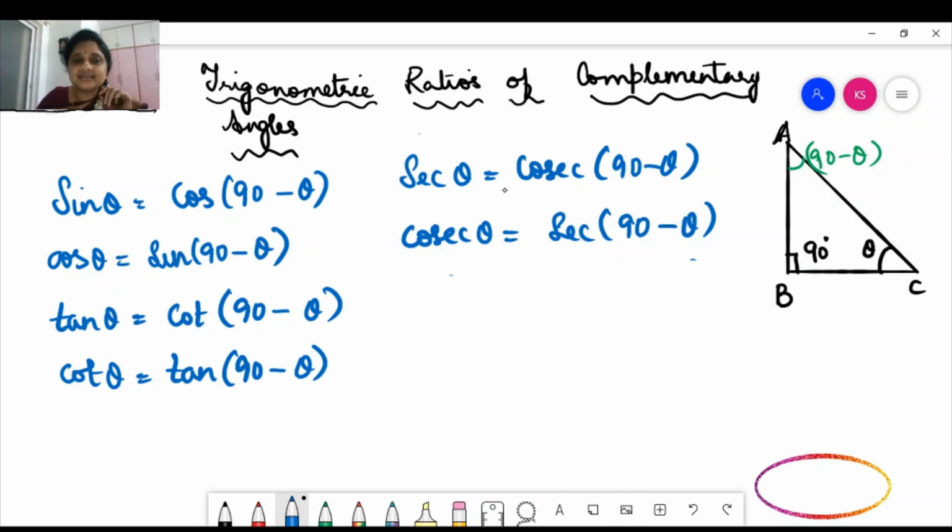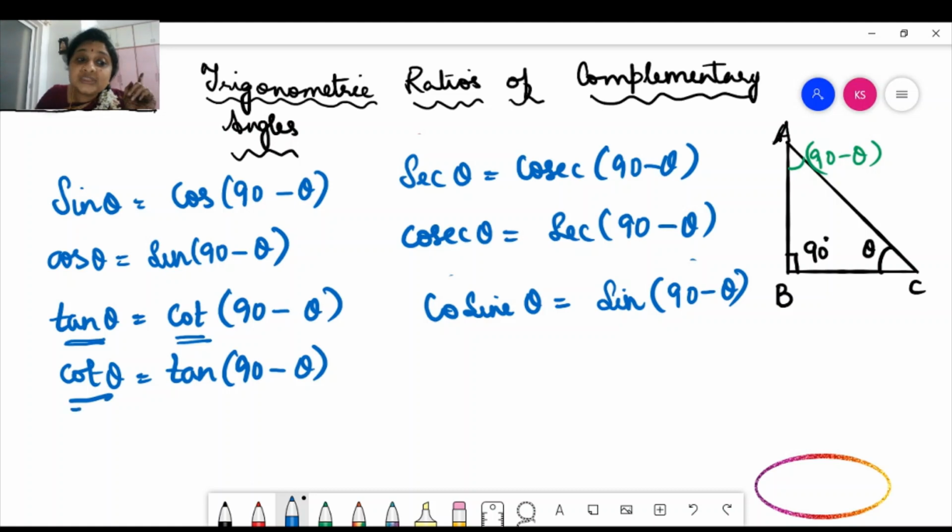So let's understand this interesting finding again. If you see, cosine of an angle theta is equal to sine of its complementary angle. Correct? Similarly, tan of an angle theta is equal to cotangent of its complementary angle, or cotangent of an angle theta is equal to the tangent of its complementary angle.